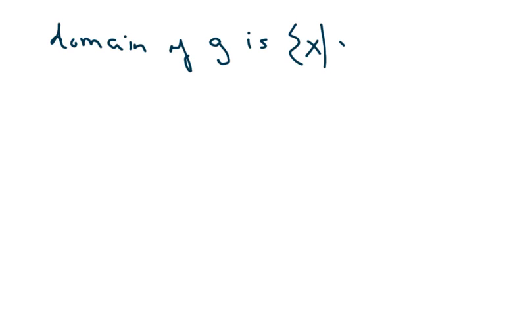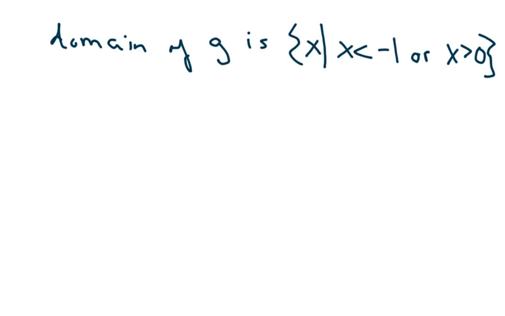The domain of G is all real numbers such that x must be less than -1 or x is bigger than 0.